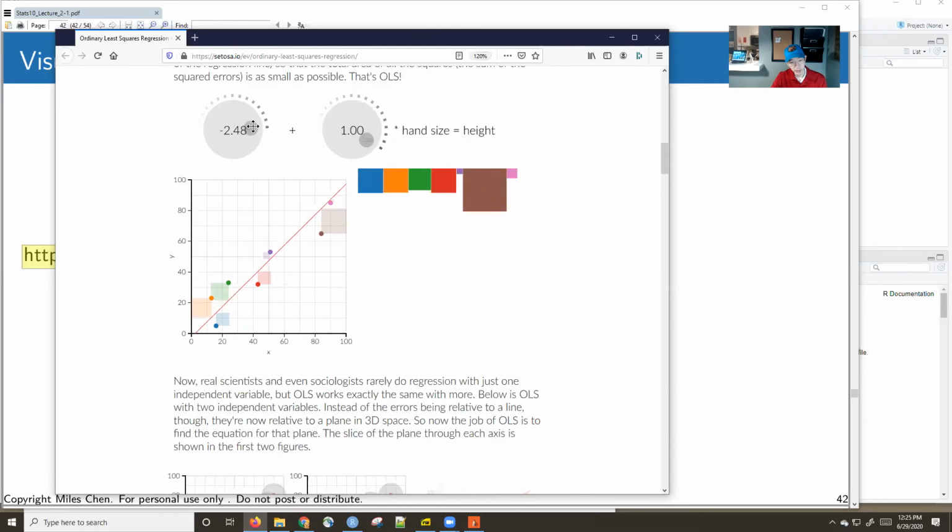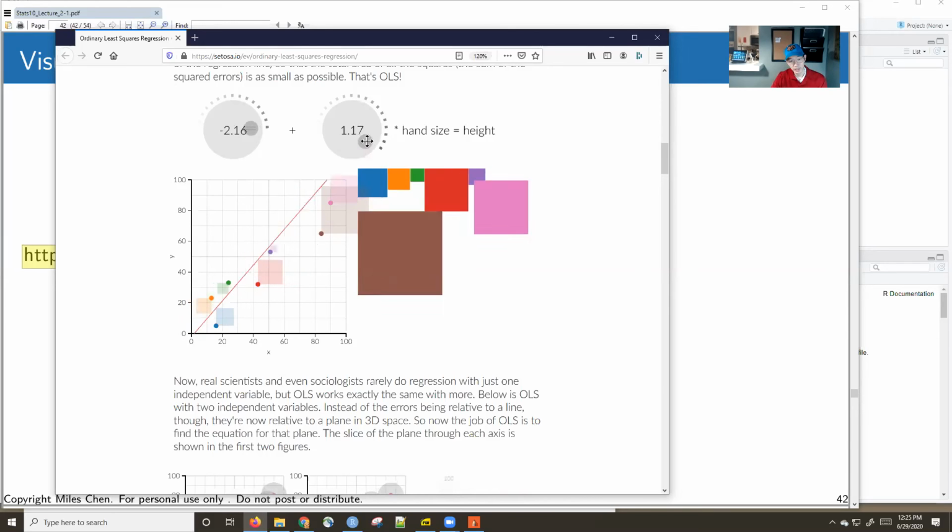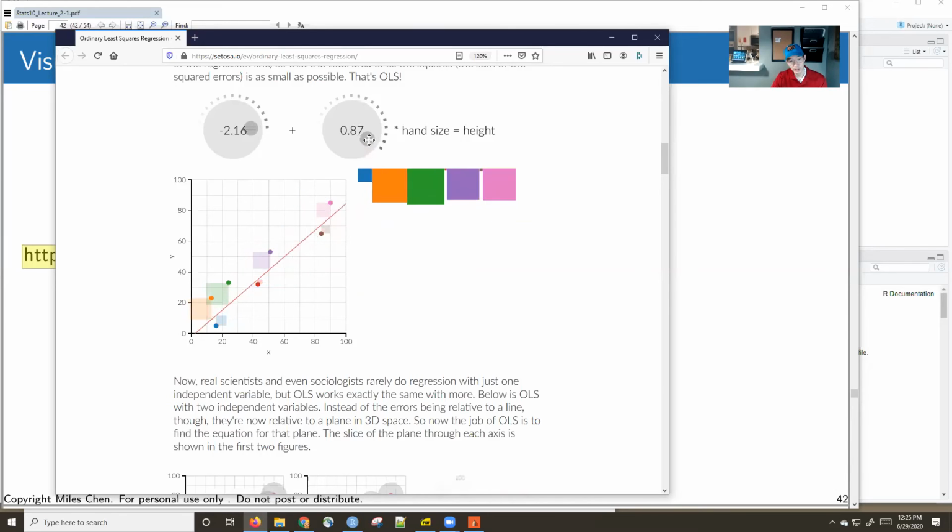Over here, if I slide it down, it does a good job predicting the red and blue dots, but a bad job of predicting the green and orange dots, so the green and orange have big squared residuals and the blue and red have small squared residuals. And I can adjust the slope, and we can get different things.